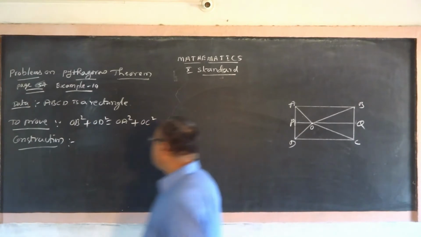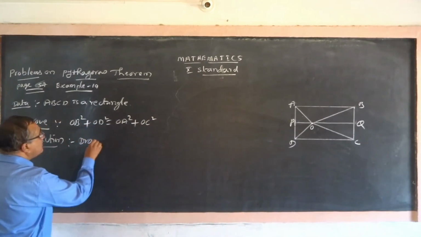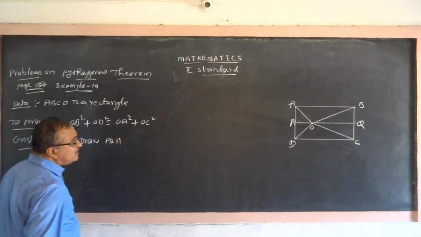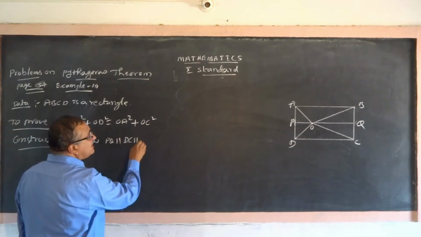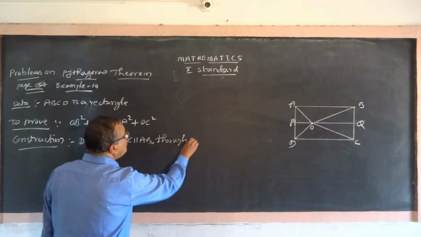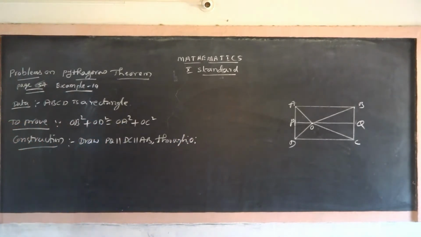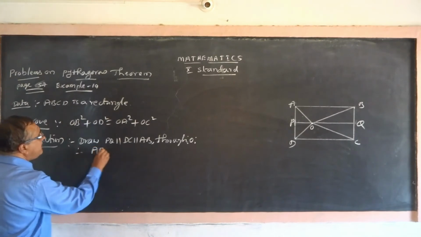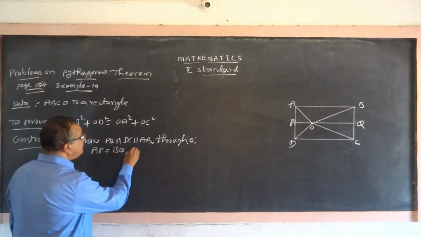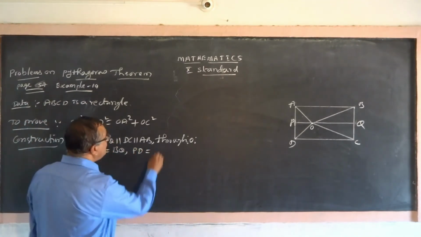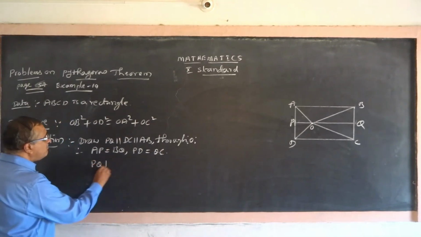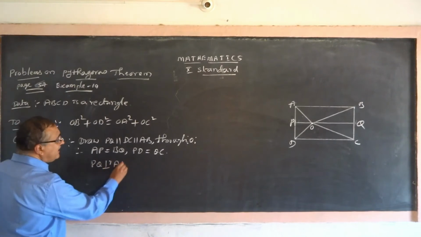Now draw PQ parallel to DC and AB through O. Therefore, AP is equal to BQ and PD is equal to QC, and PQ is perpendicular to AD.